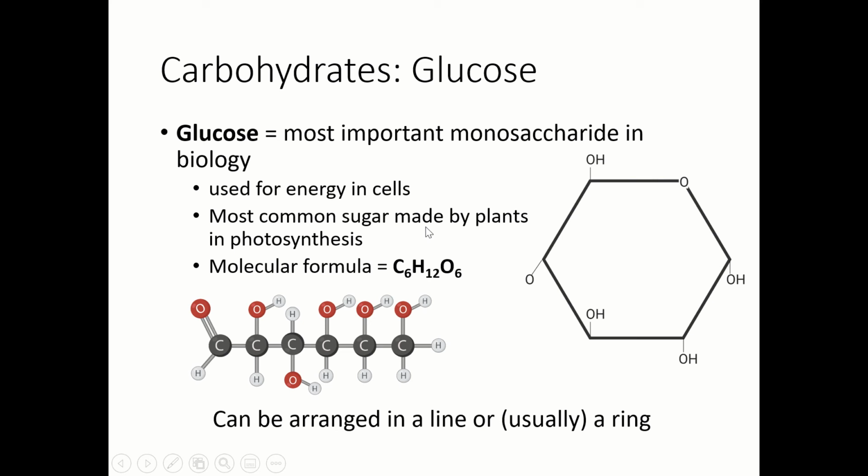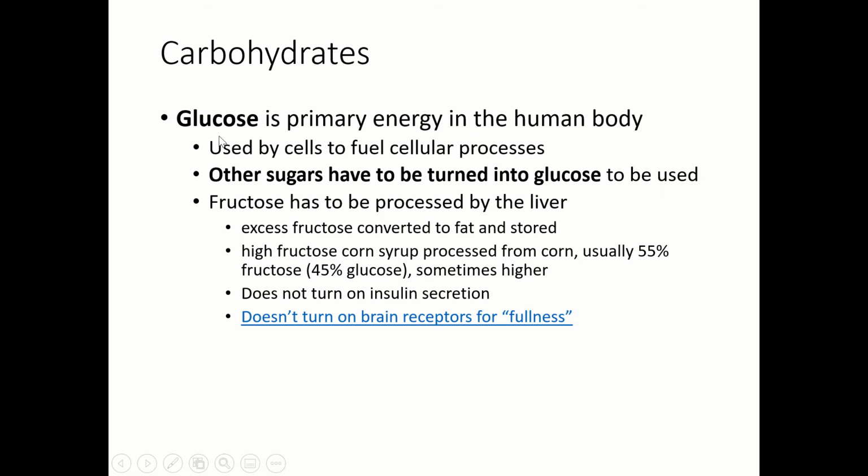Glucose is also the most common sugar that plants make by photosynthesis, which is where we get most of our glucose. We get it from plants. It's a 6-carbon sugar, so C6H12O6, and it can be shown either straight in a line or more commonly in a ring like that.